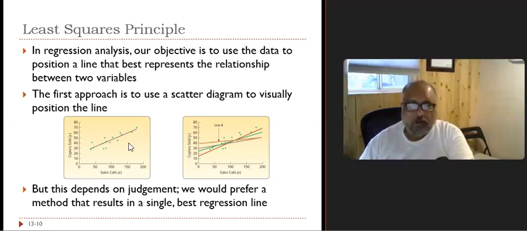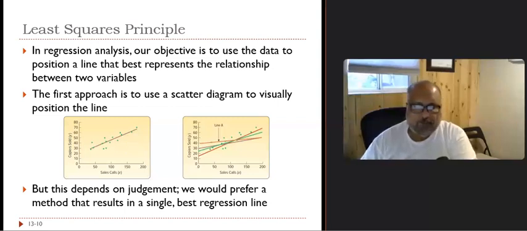But you don't randomly draw the line of best fit. We can use this principle called the least squares principle to figure out how to minimize the distance between the line and the points above or below this line.